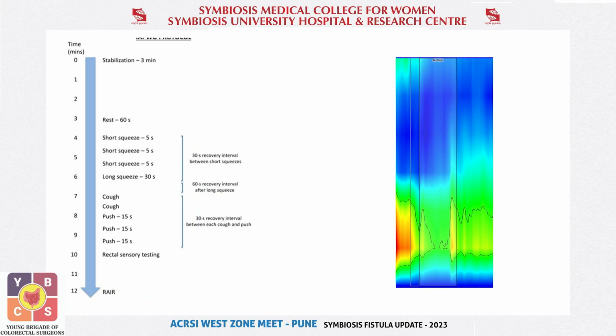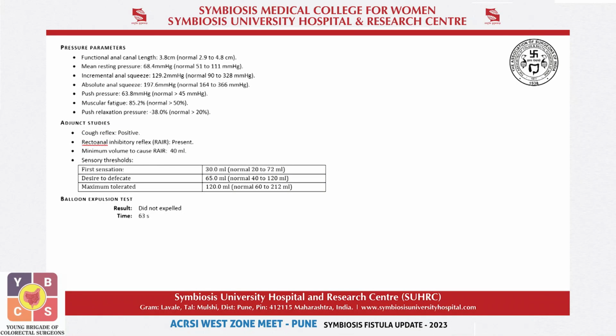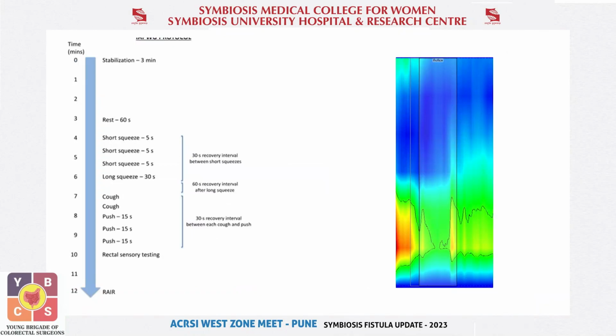This is then followed by measurement of the rectoanal inhibitory reflex. This is a local reflex where, after distension of the rectum, there is relaxation of the resting tone. Then we do the rectal distension test to know about rectal sensations, and at the end we do the balloon expulsion test.